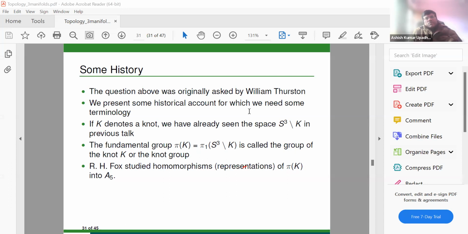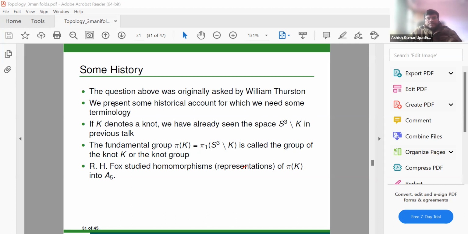That is the point which I am going to address now. Now, the question about geometry was originally asked by William Thurston. Now why did William Thurston come to ask this question?